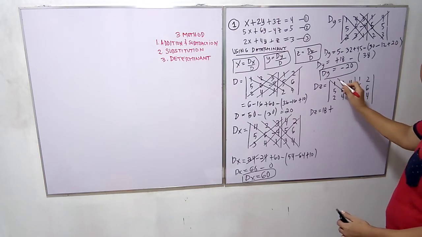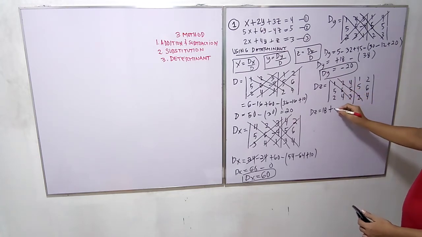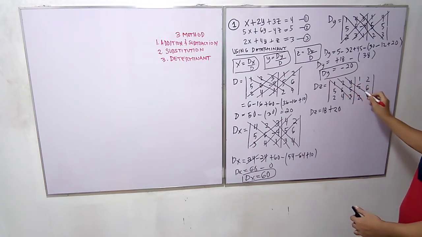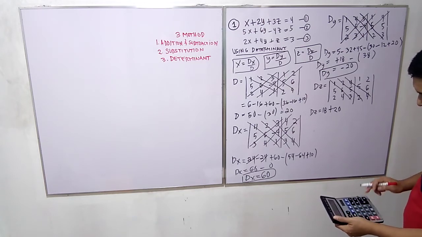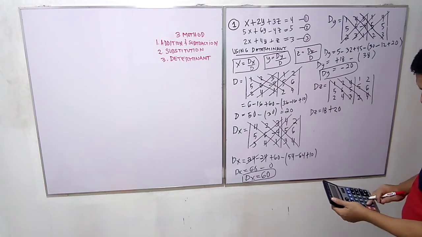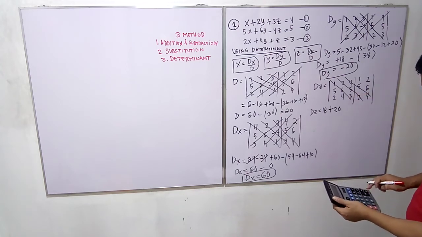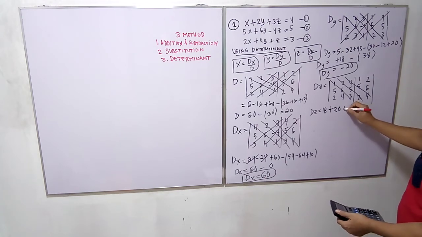Plus 5 times 2 is 10 times 2 is 20. Tapos ito, 4 times 4 times 5, 4 times 16. Double check lang natin kasi mamaya magkamali. Tama, 80.